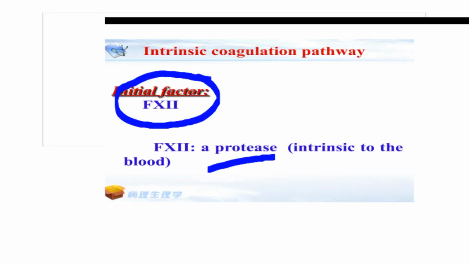This factor 12 will activate factor 11. Factor 11 will activate factor 9. Factor 9 will activate factor 8. And together they will activate factor 10. So factor 10 will now activate what?